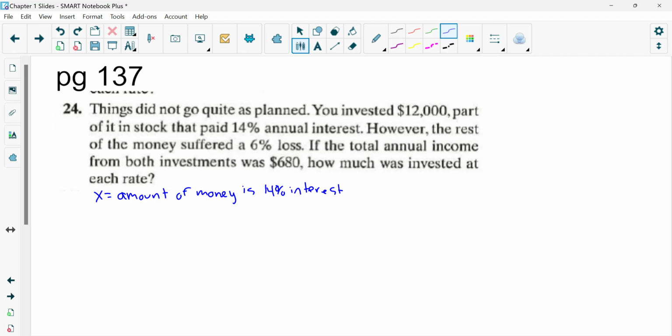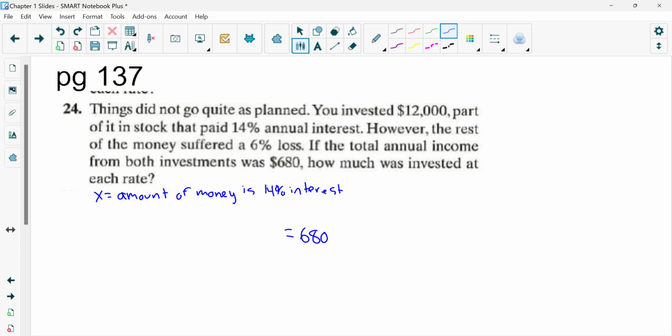We know how much they made in interest. What was the total amount of money we made in interest? 608. So that's what our equation is going to have to equal. We made that by doing 14% of the amount we put in there.